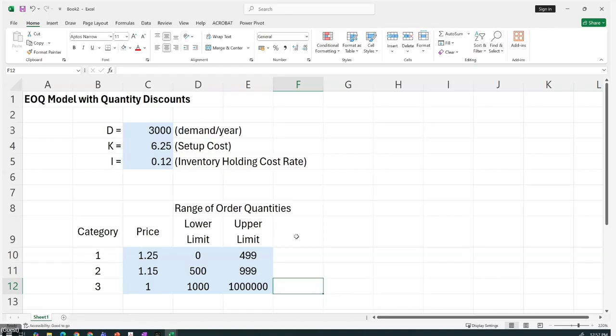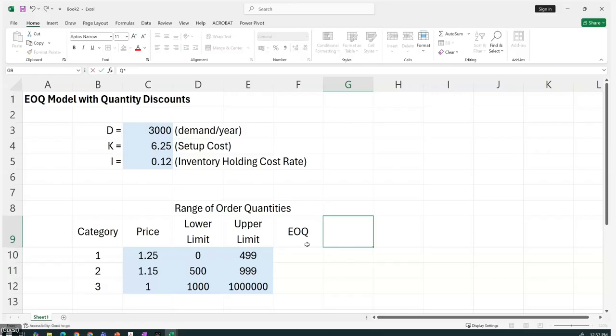Now, what we will do is we will compute the EOQ, economic order quantity, using the formula. Then we will find Q star, which is what I have to order. Okay, I'll explain all this.